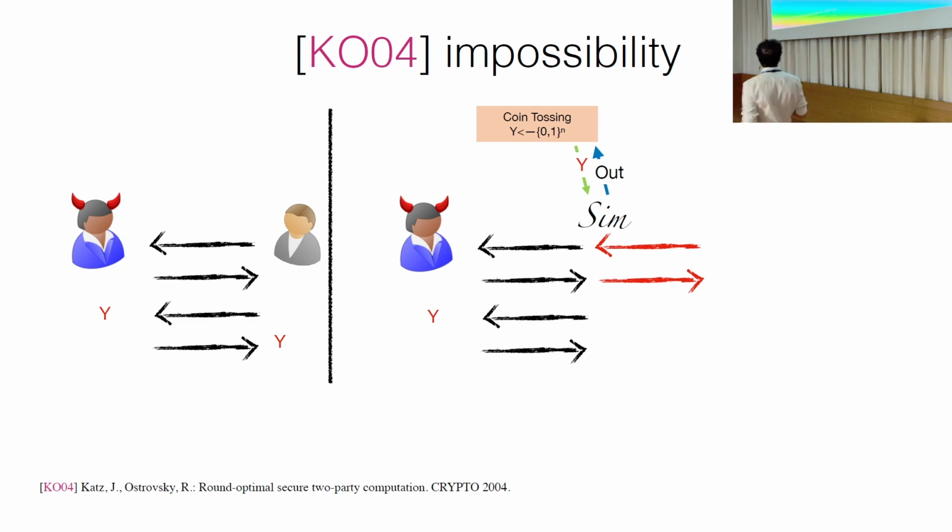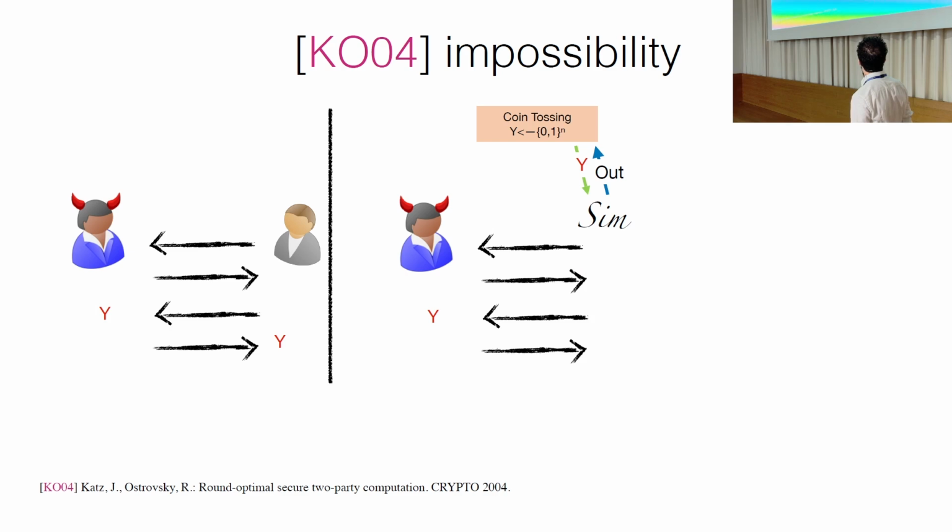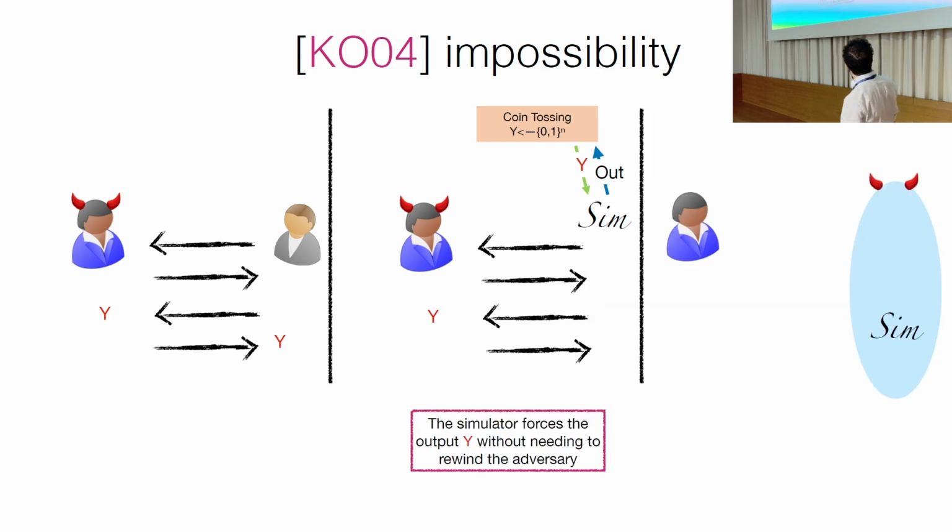Exactly because you don't have this cut and choose pattern that was described in the previous slide. Okay, so what happens is that I can indeed design an adversary that runs the simulator internally. Whenever the simulator wants to send a message, the adversary just forwards this message to Bob. Whatever Bob sends back is forwarded to the simulator.